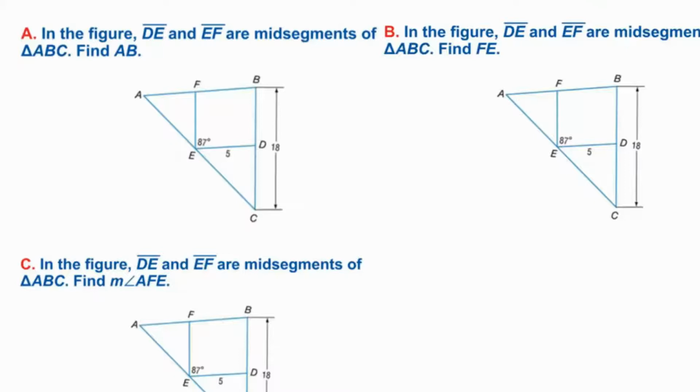So for problem A, DE and EF are midsegments of the triangle ABC, and we want to find AB.